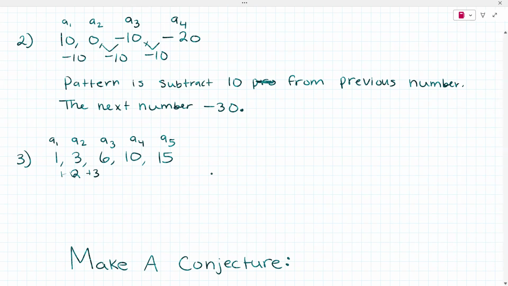And then from 6 to 10, you add 4. And from 10 to 15, you add 5. So the pattern is to add consecutive numbers. The next number you would add 6, so 15 plus 6 is 21. So the next number should be 21.